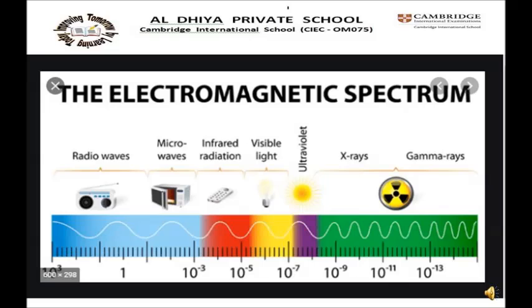Can you see that one? Look, radio waves. The radio waves have the longest waves. Which radiation energy has the shortest waves? Look at the gamma rays, those are the shortest waves. And then which radiation energy can our eyes detect? Look here, visible light. Got it?